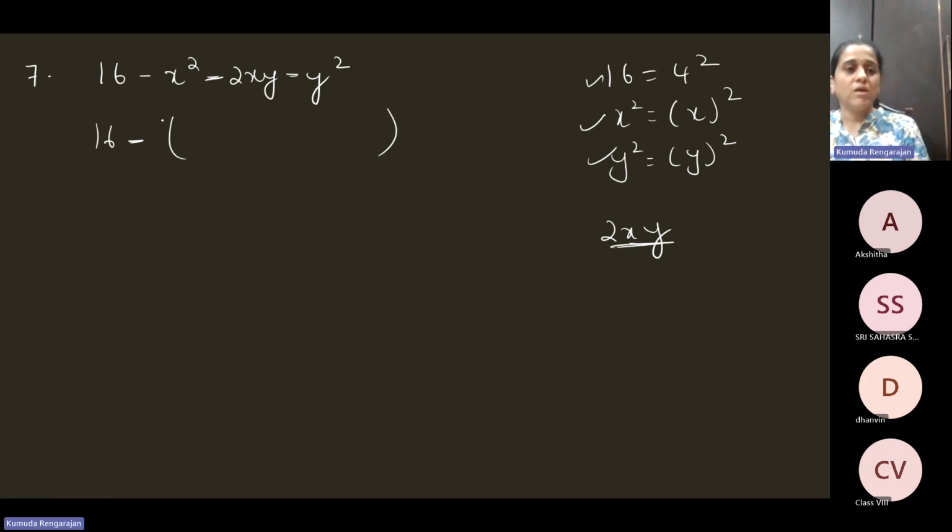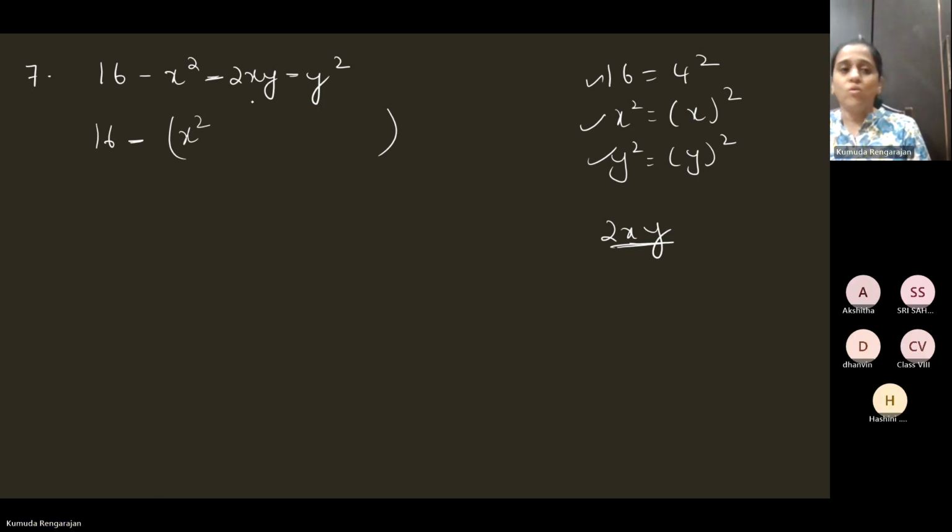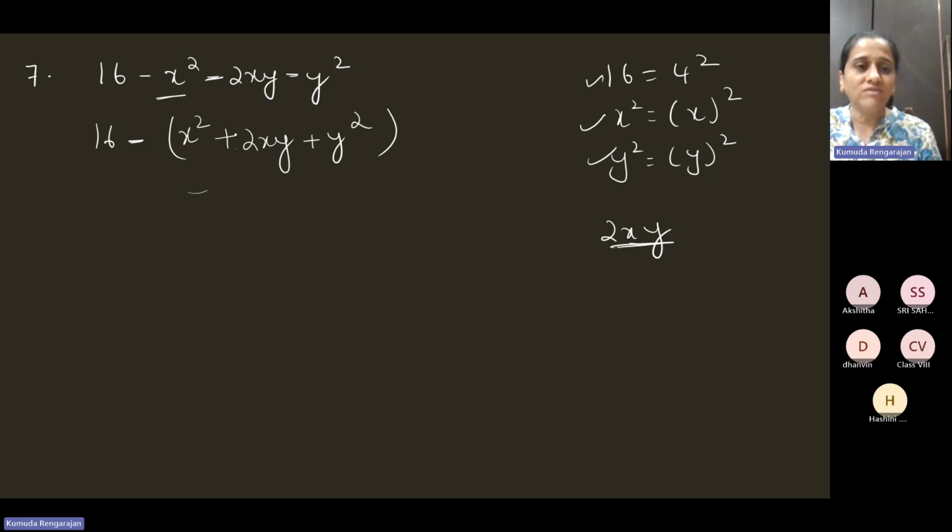Now what is this term? Minus x square, but you should write plus x square. Minus 2xy, but you should write plus 2xy. Minus y square, but you should write plus y square. Now you open the bracket: minus x square, correct; minus into plus, minus 2xy, correct; and again minus into plus, minus y square, yes.